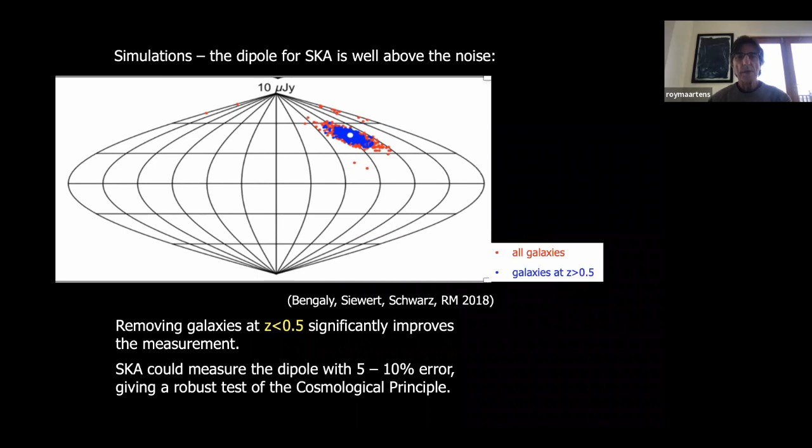In this simulation here, I show all galaxies in red and galaxies with redshifts greater than 0.5 in blue, and the white dot that you see there is the CMB dipole, which is fed into the simulations, and we can see that we can recover that very accurately, especially if we exclude the low redshift sources. If we don't exclude them, we have a much bigger scatter in the predicted dipoles.